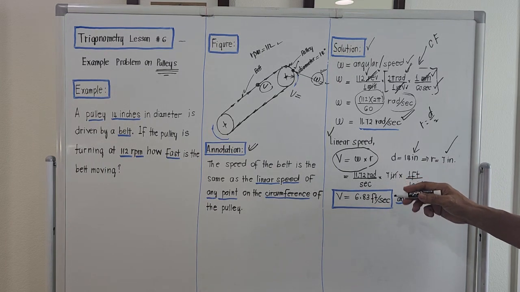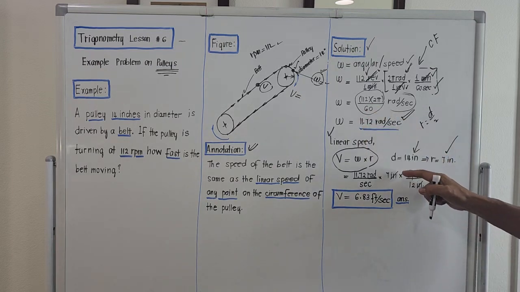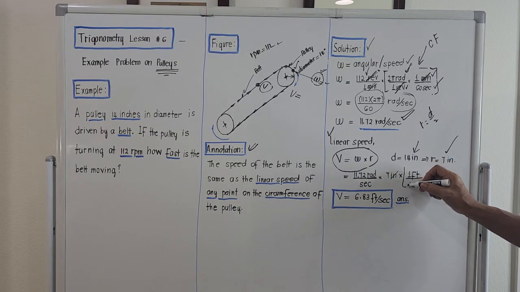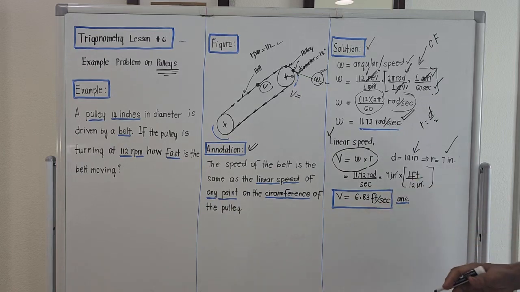We'll try to visualize the speed in terms of feet per second, so we will convert these inches to feet. This is part of the conversion factor. This is just omega times r. Then we will convert the linear speed to feet per second so we could visualize how fast it is.